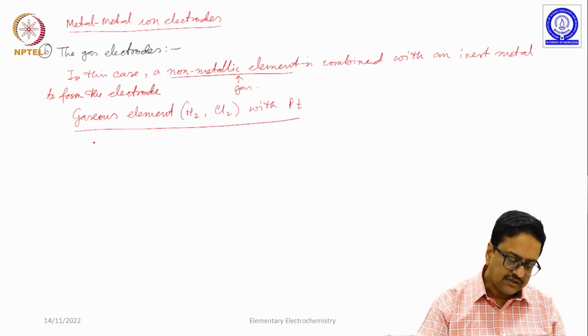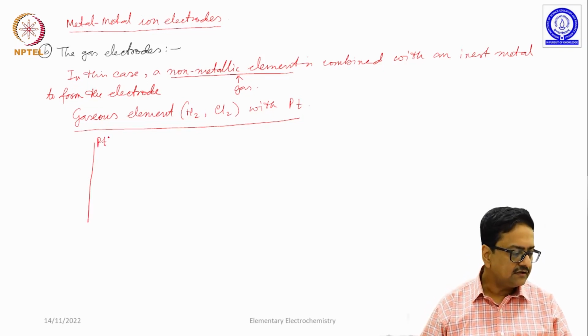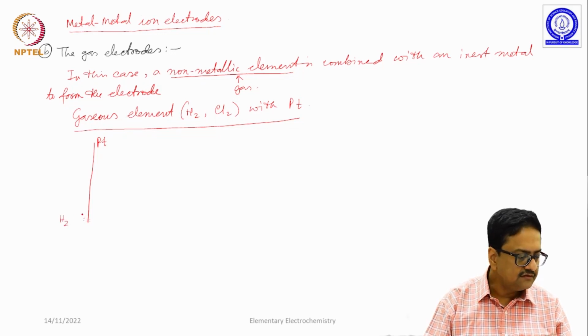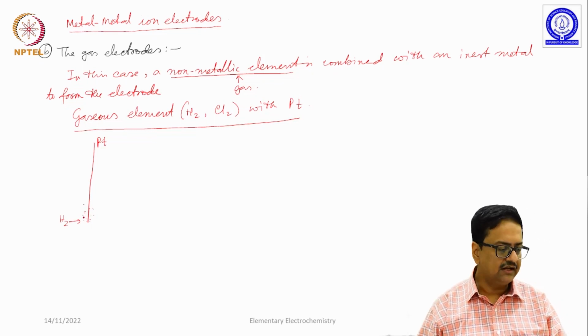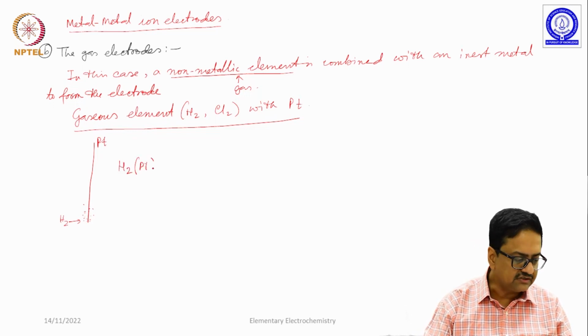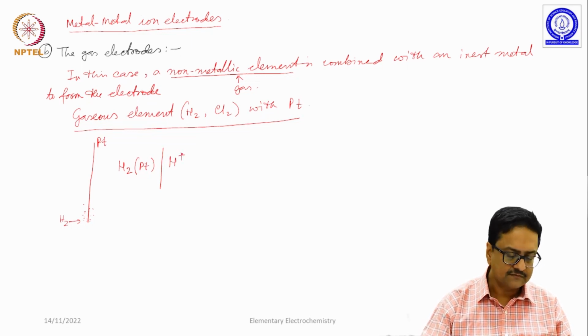So when you have a platinum electrode and hydrogen gas is bubbled around the electrode, that electrode is written as H2, platinum is the electrode, in equilibrium with H plus.